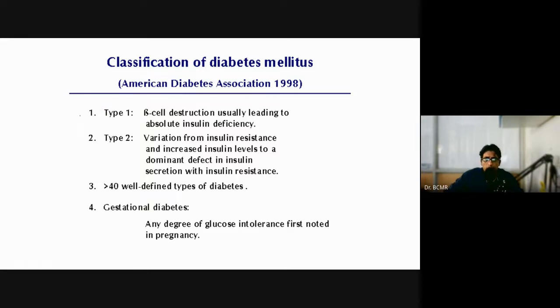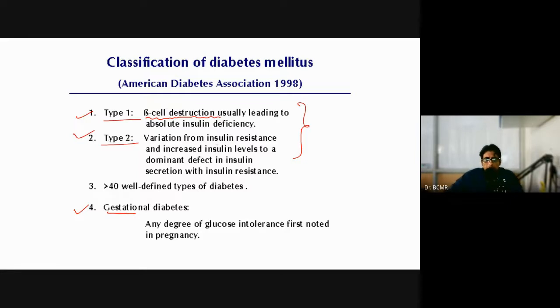At least the three predominantly understood ones are type 1 diabetes, type 2, and gestational. While we are mostly concerned about type 1 and type 2. Type 1 is characterized by lack of beta cells. Beta cells are destroyed mostly because of autoimmune responses or other viral infections.